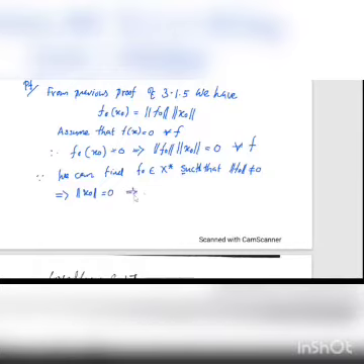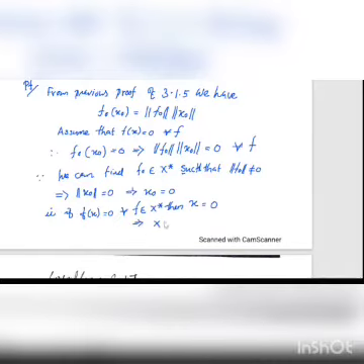Which implies x naught is equal to 0. That is, if f of x equals 0 for every f in x star, then x is equal to 0, which implies x star is a total set.